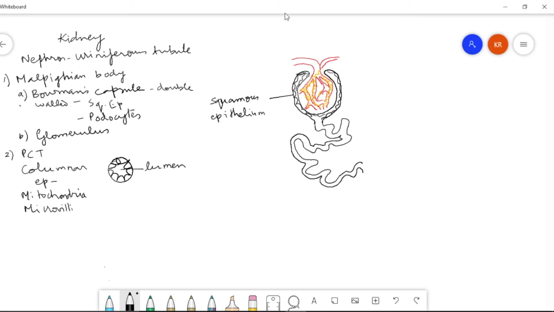So this will have microvilli, which we can show over here. And they have a lot of mitochondria, but I won't be able to show it because the size is too small. So I am repeating, this is the proximal convoluted tubule in which the cells are tall, columnar, with mitochondria and with microvilli.